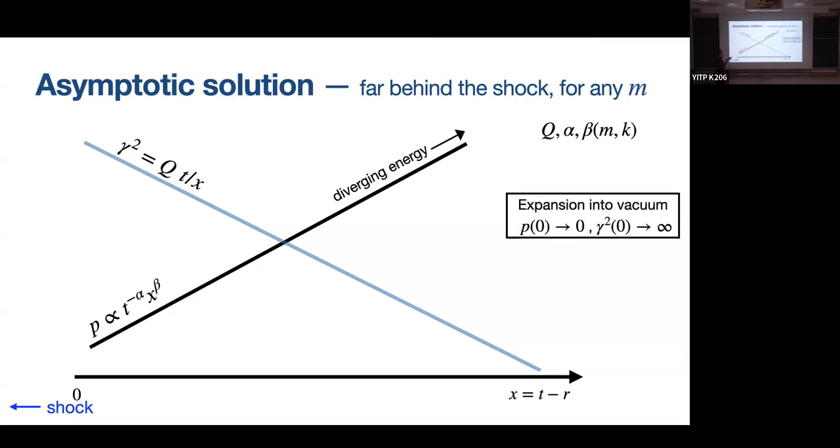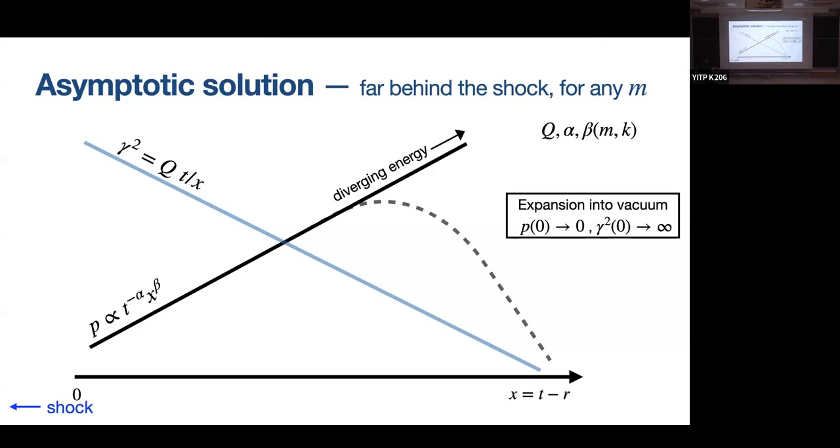So the asymptotic solution behind the shock is just the solution we would expect from expansion into vacuum. But for real physical expansion into vacuum, we start with initial conditions that have a finite amount of energy. We expect the solution at some given time to have some kind of cutoff in the pressure. And this cutoff will make the solution consistent with finite energy that is not diverging.